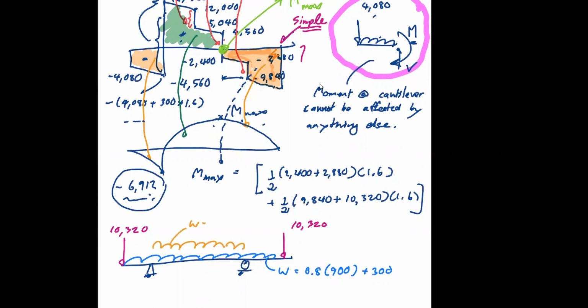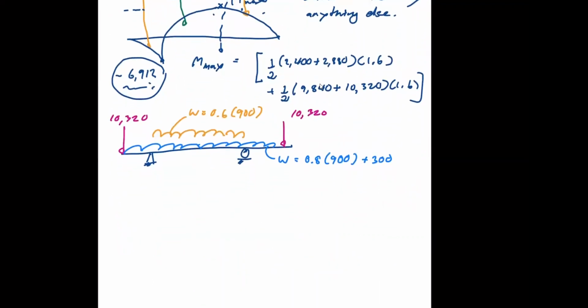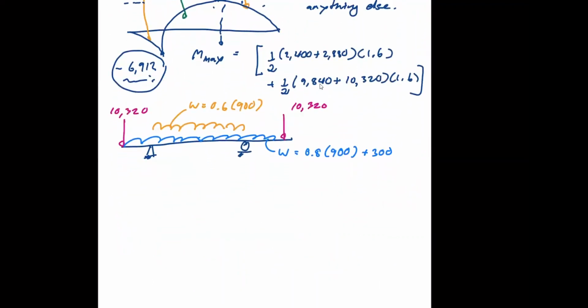This is W equals 0.6 multiplied by 900. So is there any question? And again, this is symmetric. Woohoo! So you should be able to finish it rather quickly after you get the reaction.